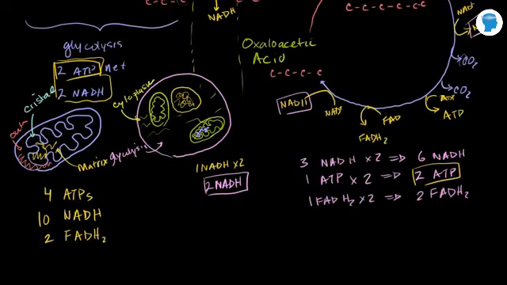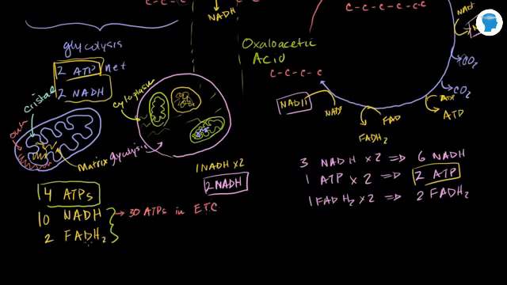And you might say, hey, where's our 38 ATPs? We only have 4 ATPs right now. But these are actually the inputs in the electron transport chain. These molecules right here get oxidized in the electron transport chain. Every NADH in the electron transport chain produces 3 ATPs. So these 10 NADHs are going to produce 30 ATPs in the electron transport chain.